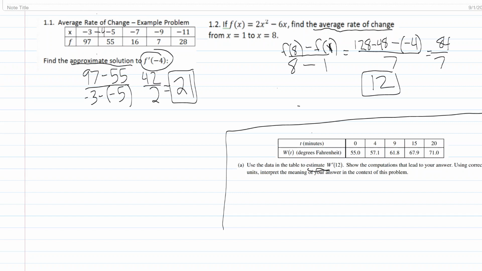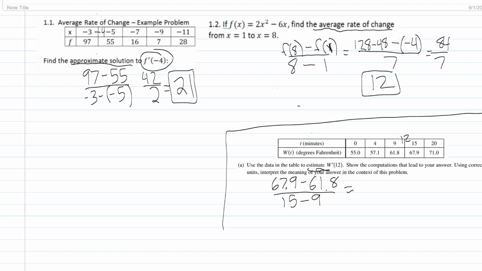So not only do we need to solve for the slope between the values that are around 12, but we also need to use correct units and explain what it means. So let's do the question first, the math part. 12 is between 9 and 15, so I'm going to use those values. 67.9 minus 61.8 all over 15 minus 9 for y2 minus y1 over x2 minus x1.